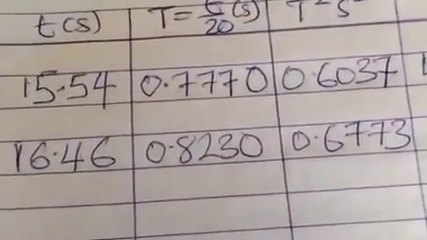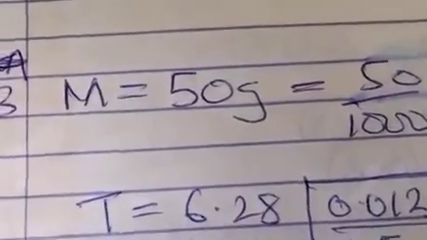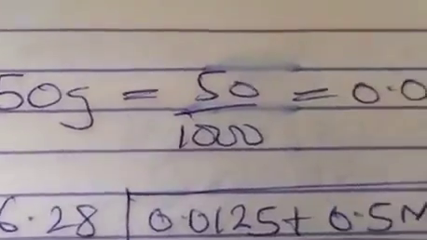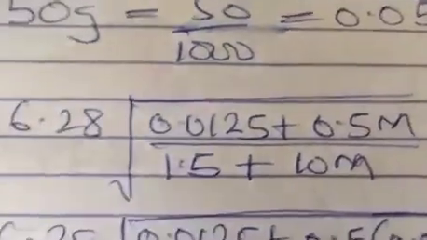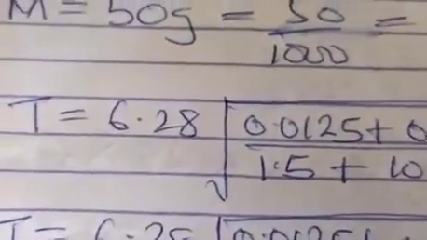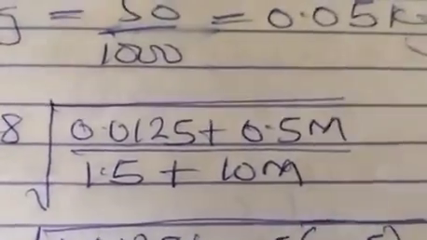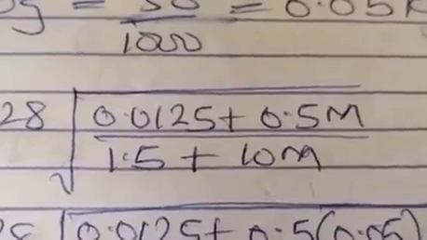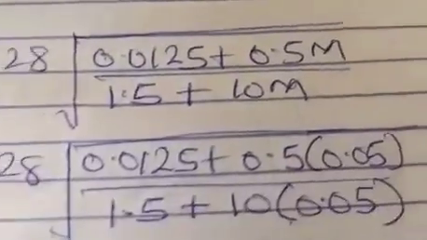First of all, as we did for the others, we'll find the period, capital T. Let's go straight to calculations. For the 50 gram mass now, we'll first convert the mass to kg, divided by 1000, that gives you 0.05 kg. Then use the formula T equal to 6.28 square root of (0.0125 plus 0.5 m) all over (1.5 plus 10 m).